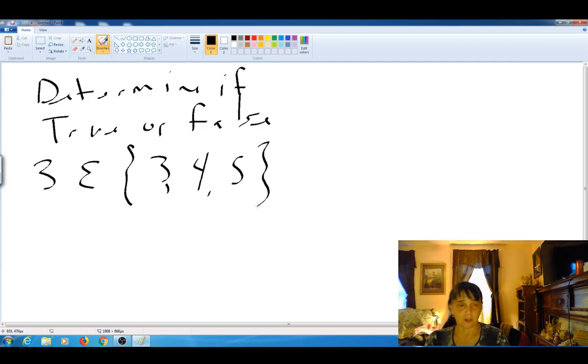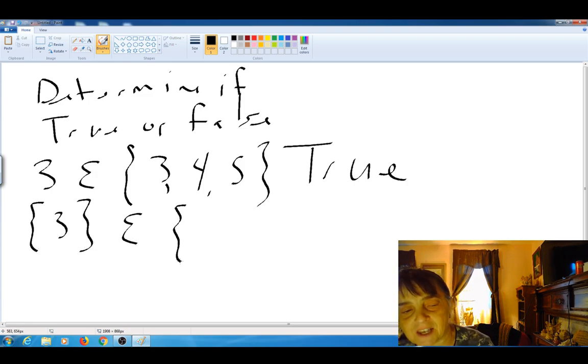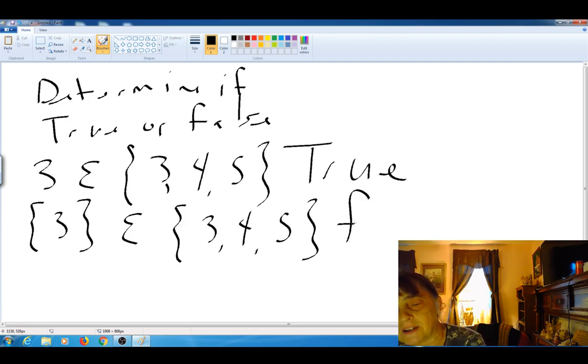Is the number 3 an element of the set {3, 4, 5}? That is true. Is the set {3} an element of the set {3, 4, 5}? That is false.